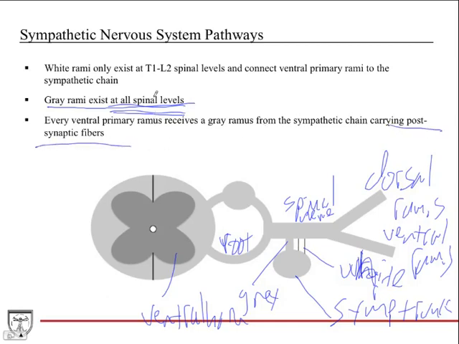Always, if someone asks you on an exam what type of neuron is traveling through here and it's pointing to a gray ramus, it is always a sympathetic postsynaptic fiber, okay? Now, the white rami is the T1 through L2 spinal levels. So there's only white rami located at those levels, and they connect the ventral rami to the sympathetic chain, okay?